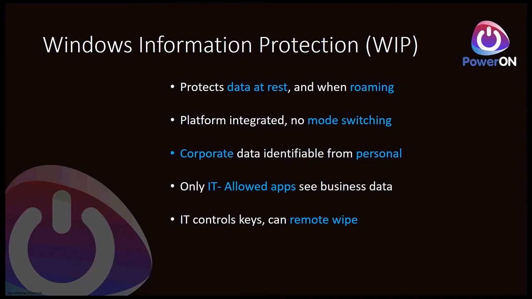And through the policies, you can actually control a remote selected wipe of the corporate data on that device, or revoke access to files, or prevent copy and paste between applications. And then it provides the same seamless experience for the user across mobile or desktop or even laptop platforms.